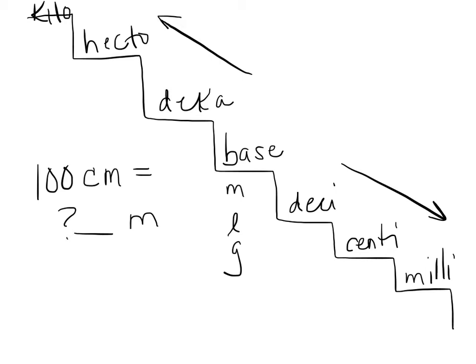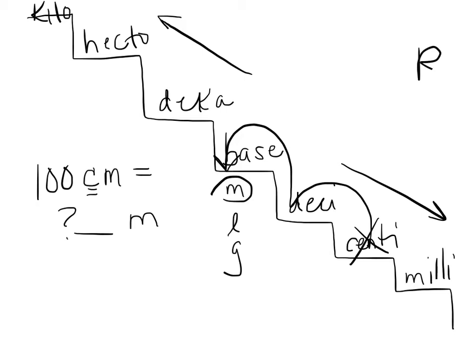Okay, well, centimeter. So you know it starts here on centi, okay? And we're going to meter here, which is at base. So I'm going to move 1, 2 to get to base. And if you'll notice, I'm going up, but I'm also moving to the left. So as I'm going up, I'm moving to the left.